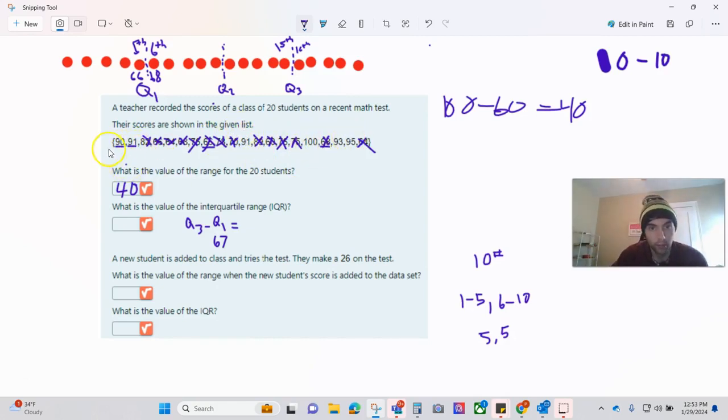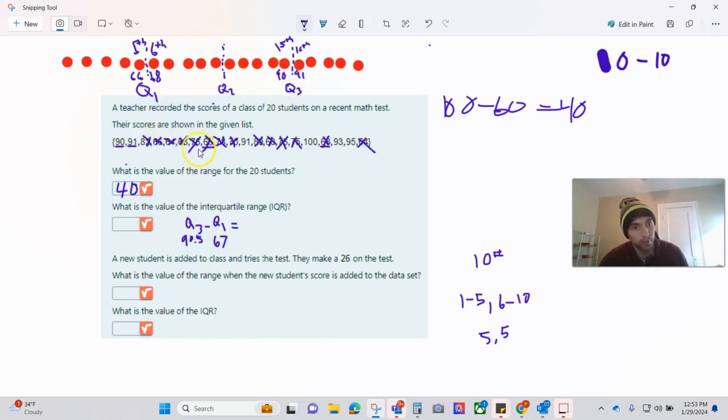Okay, yep. 15th and 16th number. 90, 91. So what is the number in the middle of 90 and 91? Yes, 90.5. So my quartile 3 is 90.5, quartile 1 is 67.